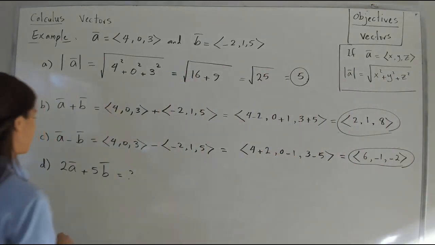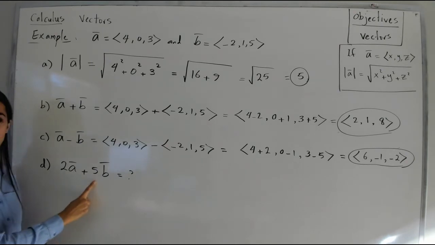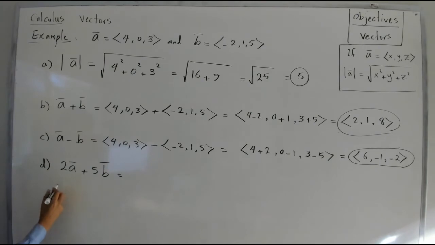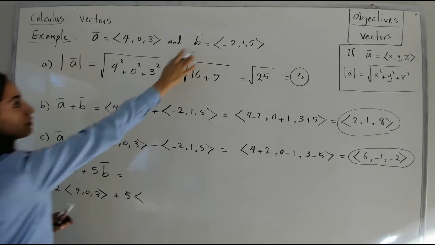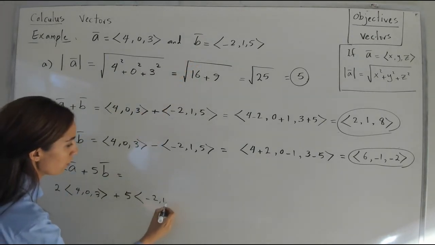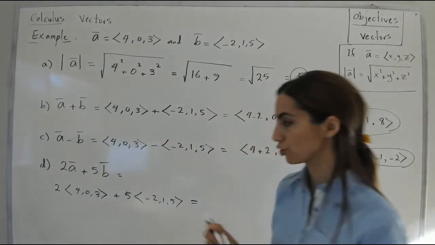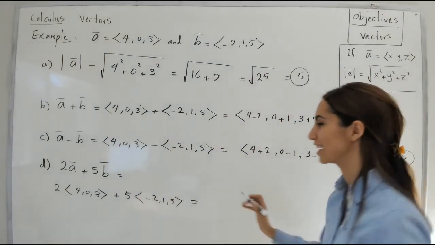And finally, what if I multiply the first vector by 2, the second vector by 5, and add them together? Very well. Here you have 2 times the components of vector A, 4, 0, 3, plus 5 times the components of vector B, second vector, negative 2, 1, and 5, which is equal to, so we're going to distribute 2, then distribute 5, and add the components together.